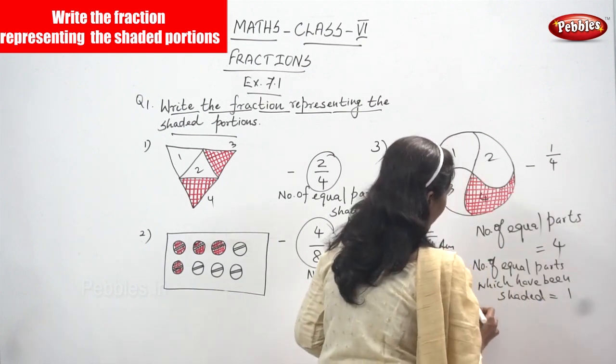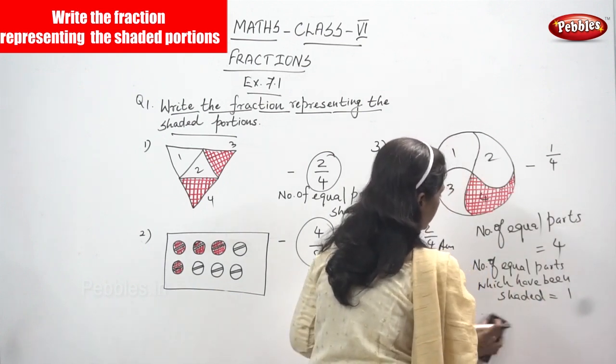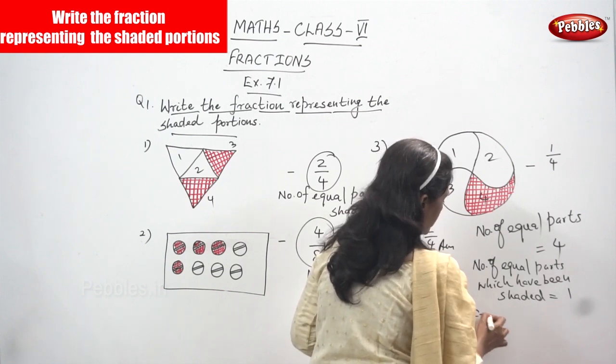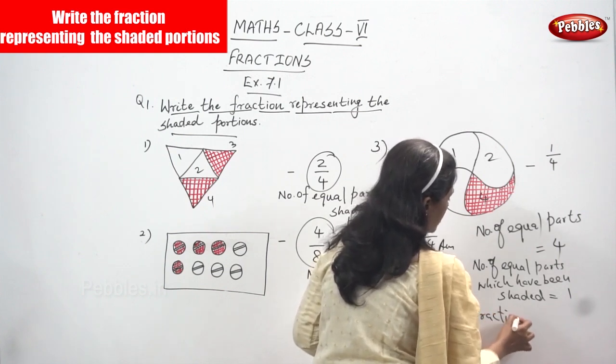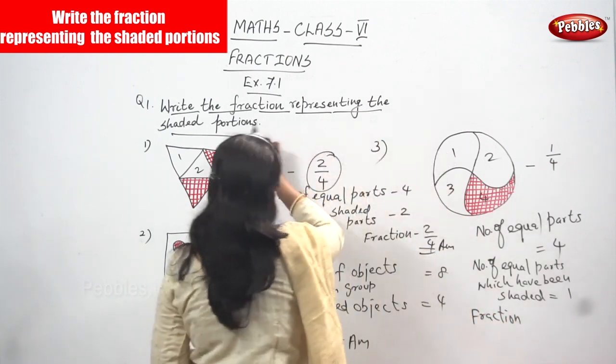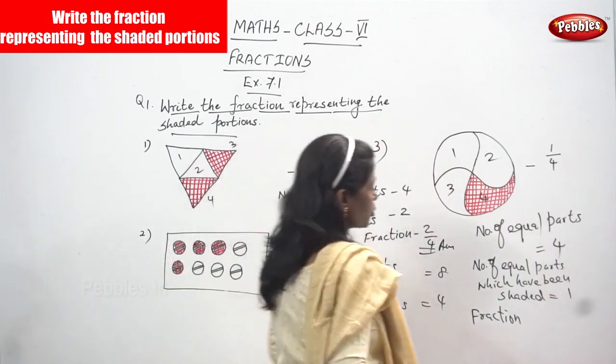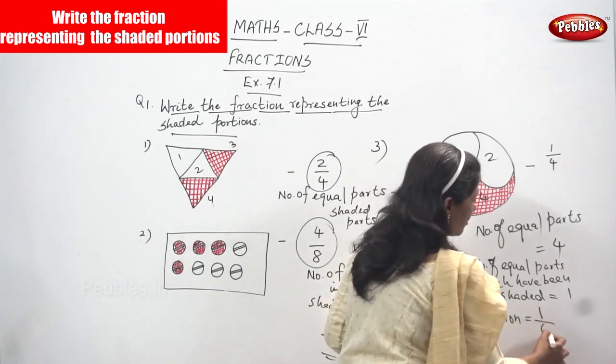So the fraction representing the shaded portion is nothing but 1 by 4.